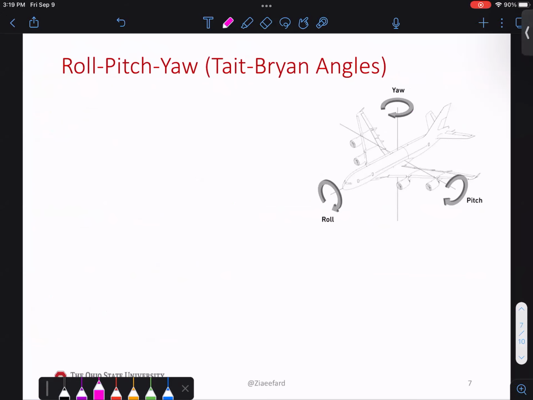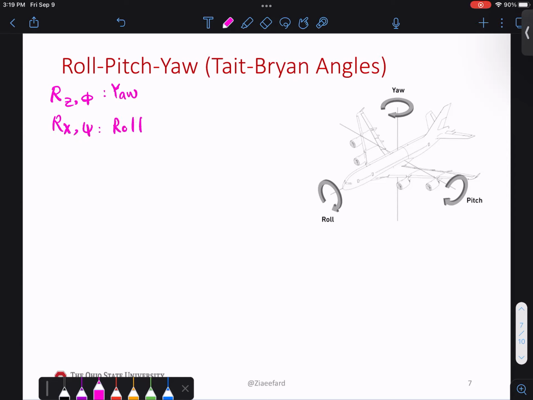Method number 2 is roll, pitch, yaw, or Bryan angles. Now, how many of you have used roll, pitch, yaw, or the concept? Especially if you're ME or MAE, you have used it, right? Airplanes are a very good example because that's what they use, roll, pitch, yaw. It's a kind of similar concept, but here we are going to call Rz and phi our yaw, Rx and psi a roll.